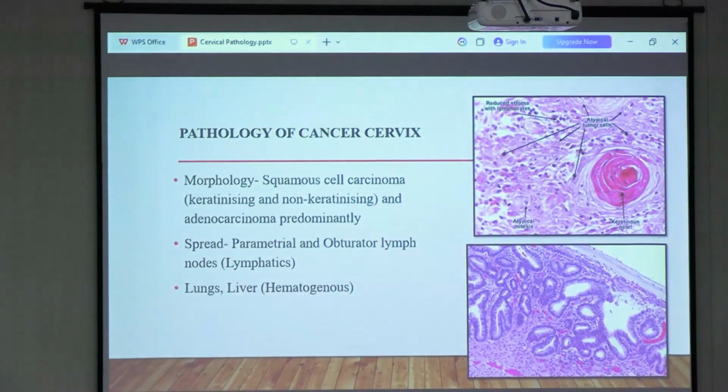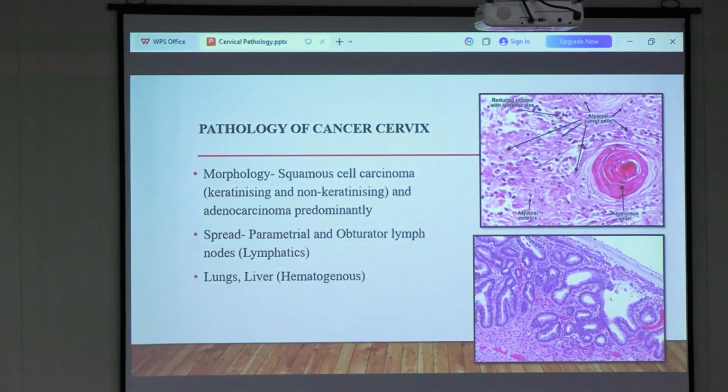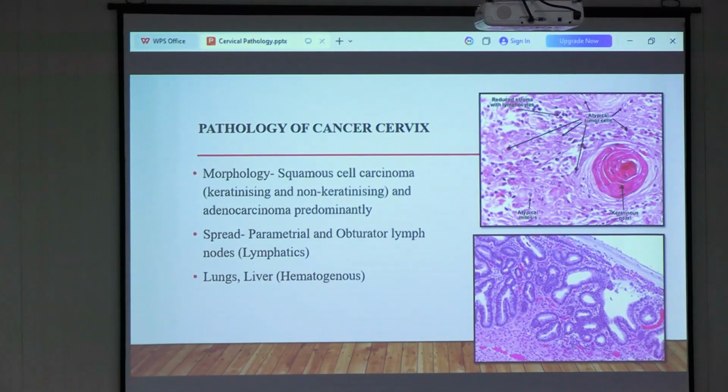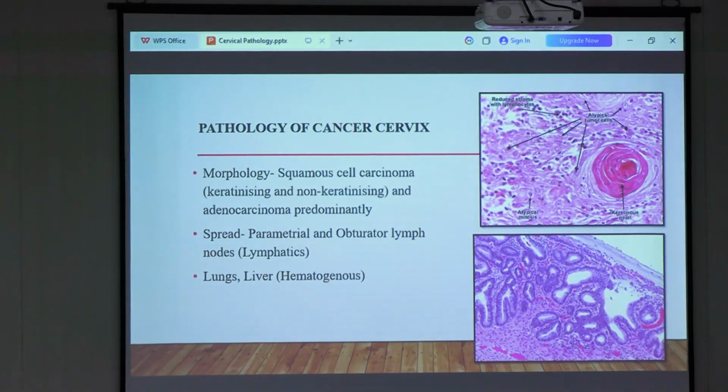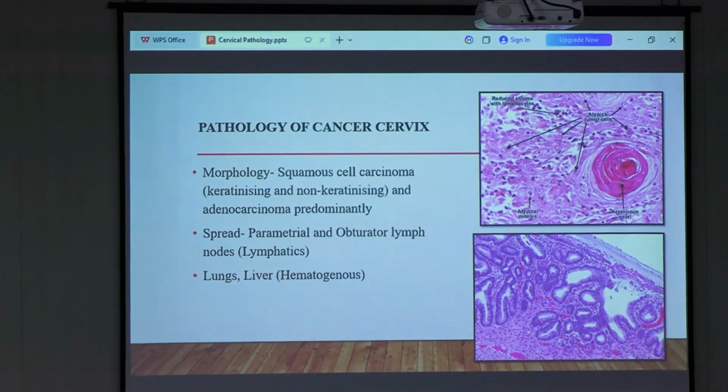Pathology, not much to describe here. Basically there are two morphologies that we are seeing, one is squamous cell carcinoma and one is adenocarcinoma, right? They spread mainly through lymphatics, so there is mostly lymphatic metastasis.